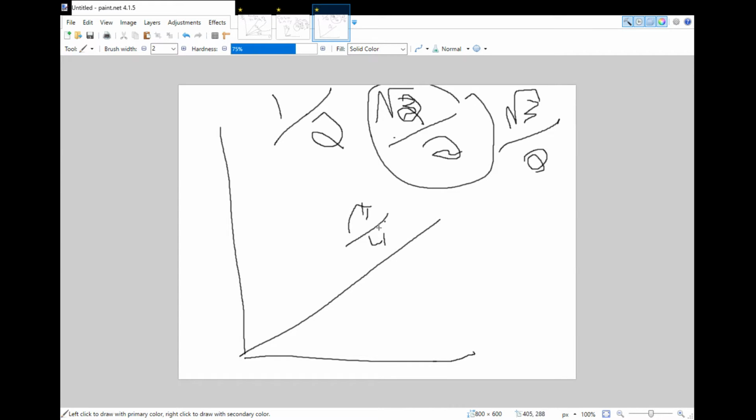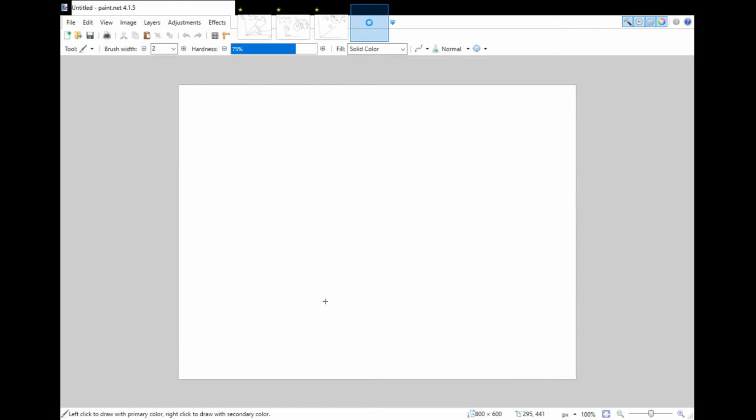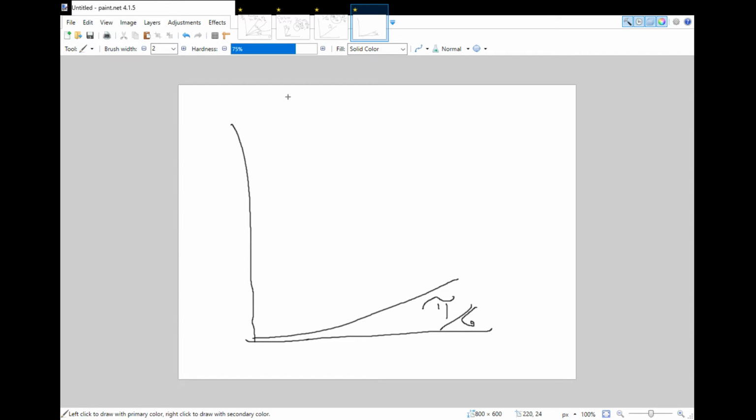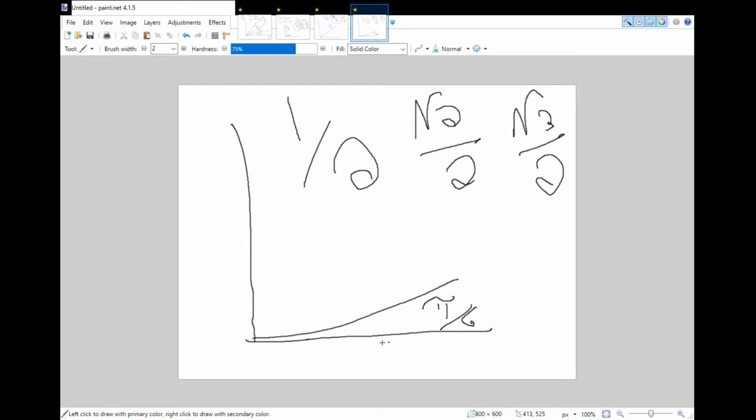So pi over 4 is always going to be the middle one. And the last one, any of the pi over 6's, is going to be the largest one, because in x value terms, you go the longest amount of distance. So the cosine value for pi over 6 is always going to be the biggest one.